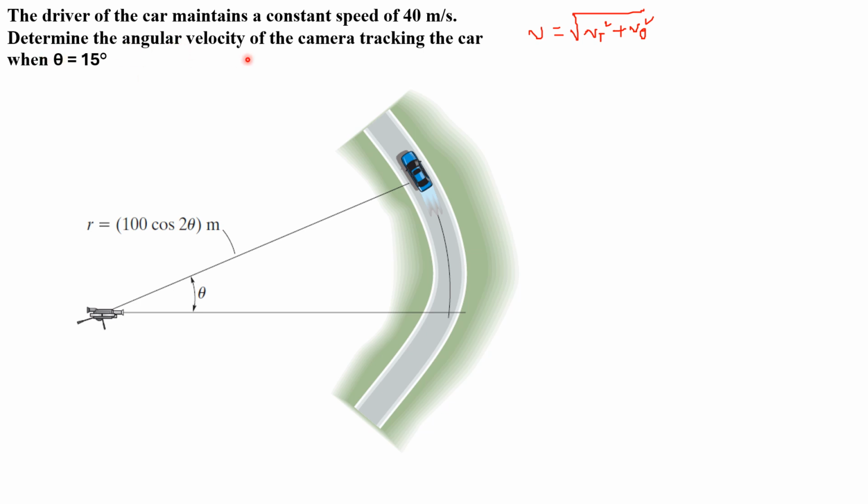The angular velocity in this system is simply theta dot. Whenever we are asked to find the angular velocity, it is theta dot.